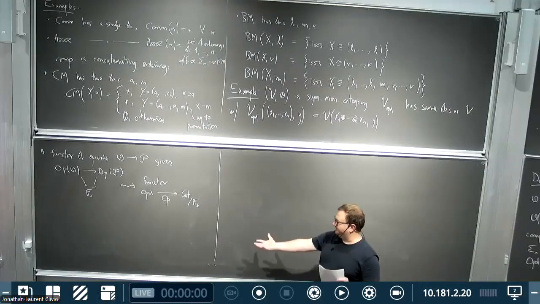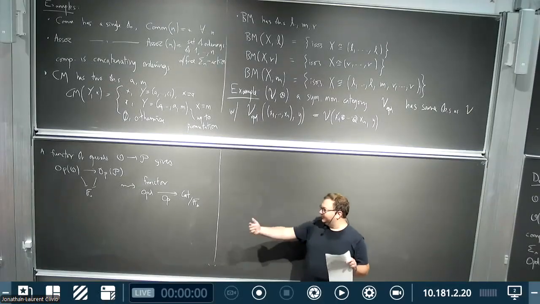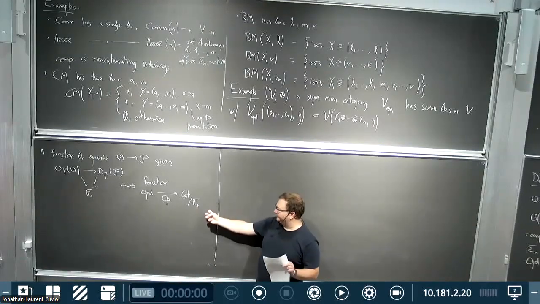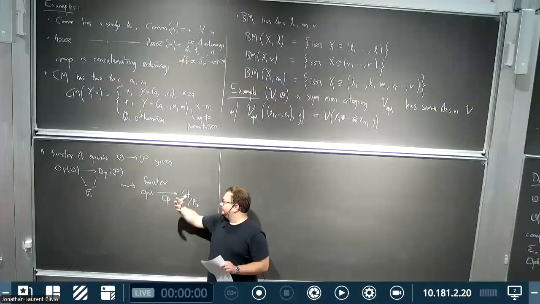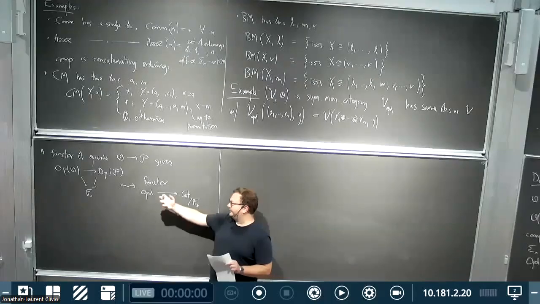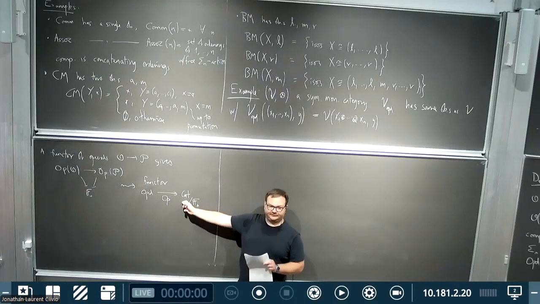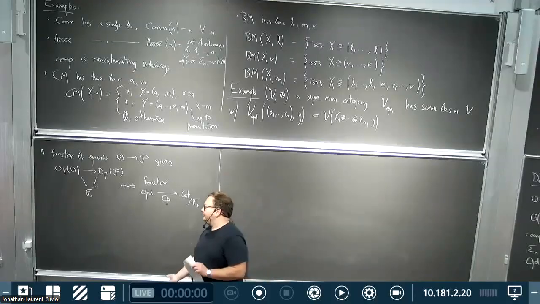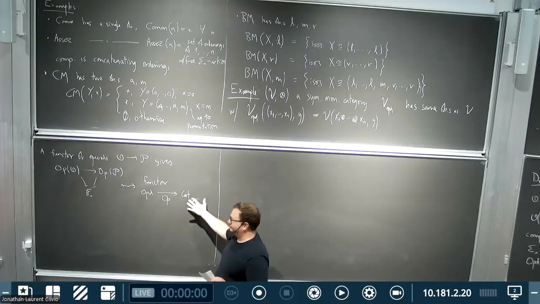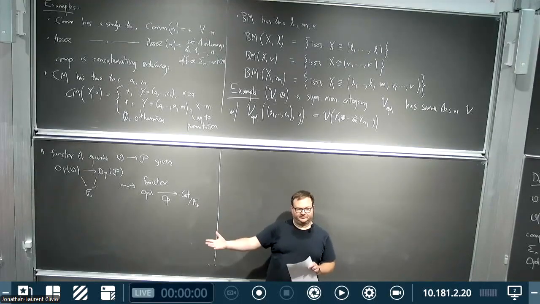So the idea now is that we can actually identify the image of this functor, and we can show that this functor identifies operads with a certain subcategory of this overcategory, and then we can characterize that subcategory without any reference to the notion of operad.